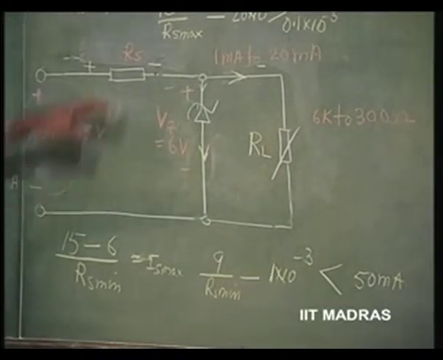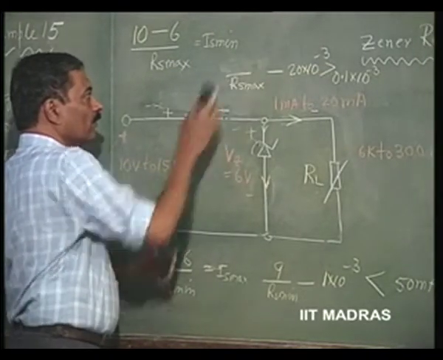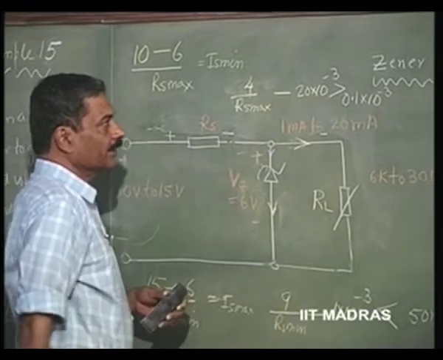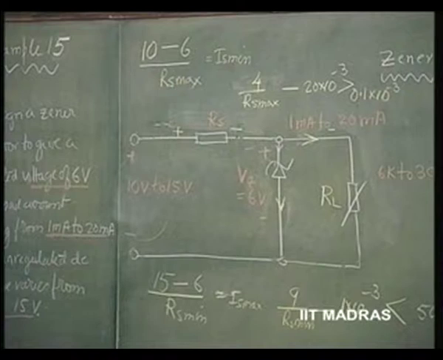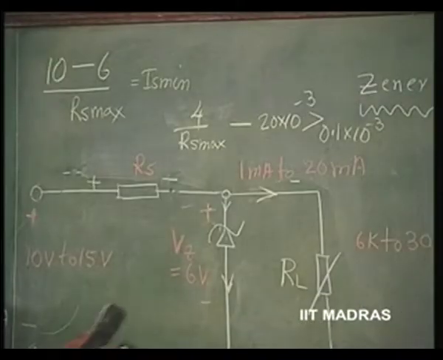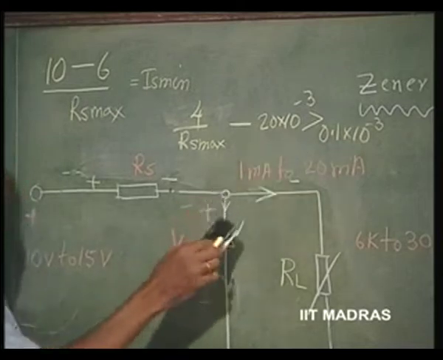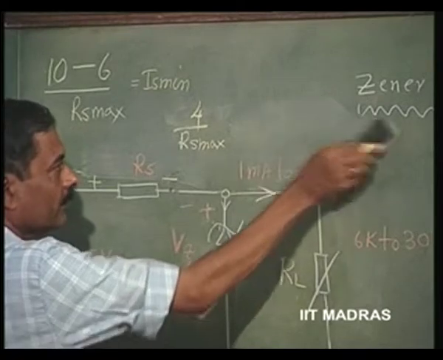So, this equation, which is nothing but 4 by Rs max minus 20 into 10 to the power minus 3 should be greater than 0.1 into 10 to the power minus 3. I am going to shift this over, so 20.1 milliamperes.